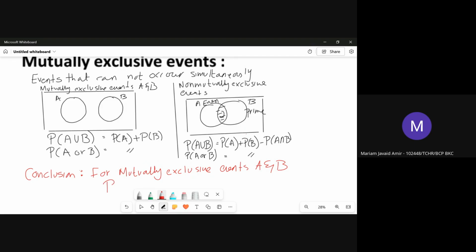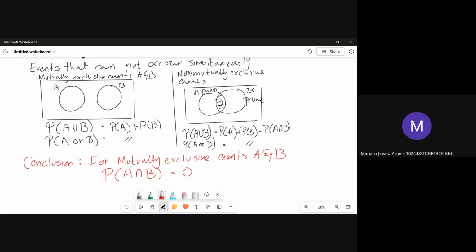So then probability of A intersection B is equal to 0. This is a very important conclusion. ये आपको याद होना चाहिए. If any question mentions two mutually exclusive events, आपको फौरन क्लिक करना चाहिए कि इनकी कोई intersection नहीं है. Probability A intersection B is equal to 0.